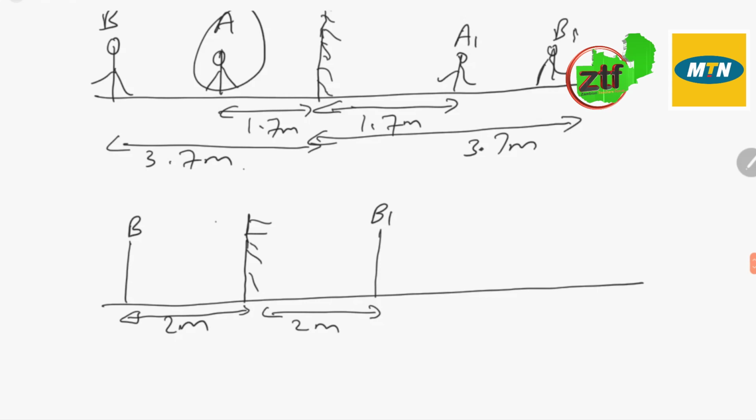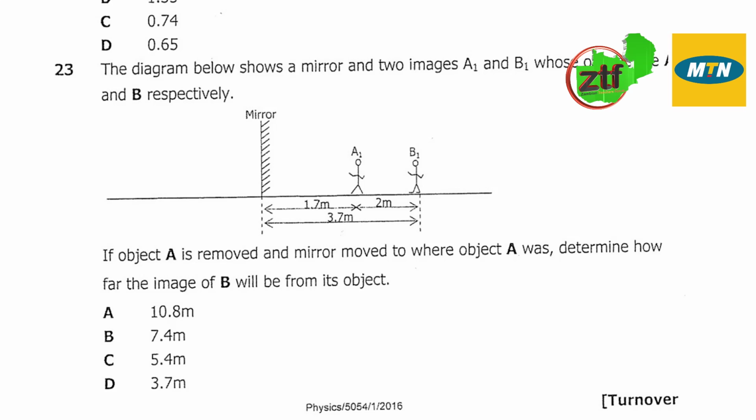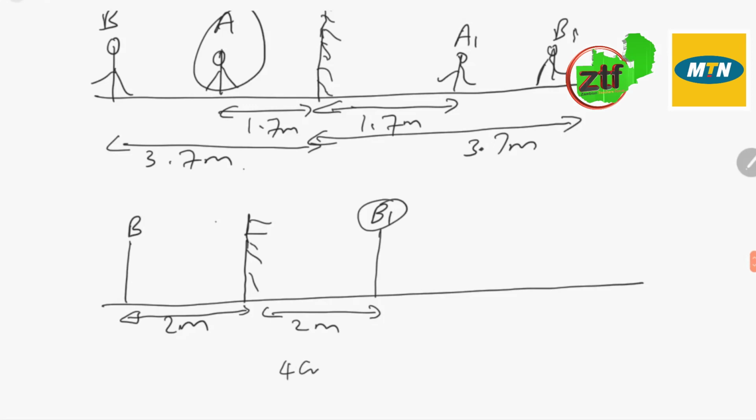So this is the normal situation we expect, so that we say if this new image, determine how far the image of B, which is this one, will be from its object, the object which is here. So we can say that it is 4 centimeters. That's what we can say.